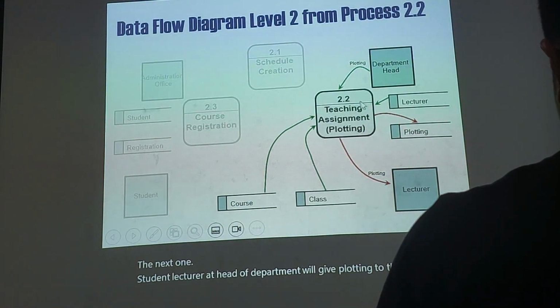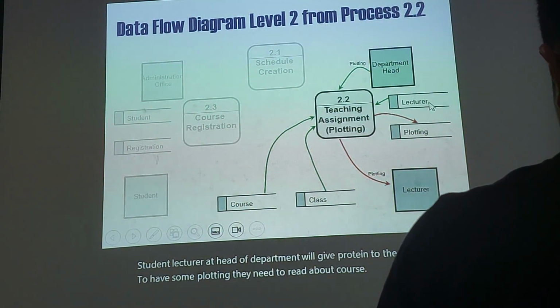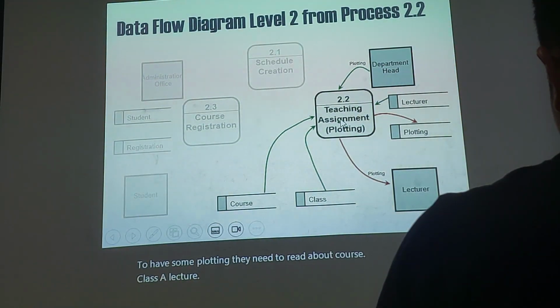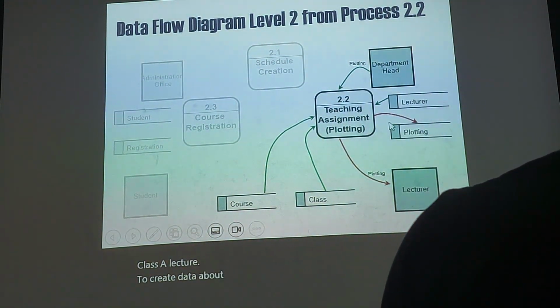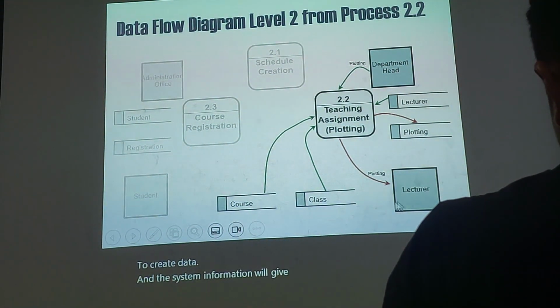To have some plotting, they need to read about course, class and lecture to create data about plotting. And the information system will give output to the lecture.